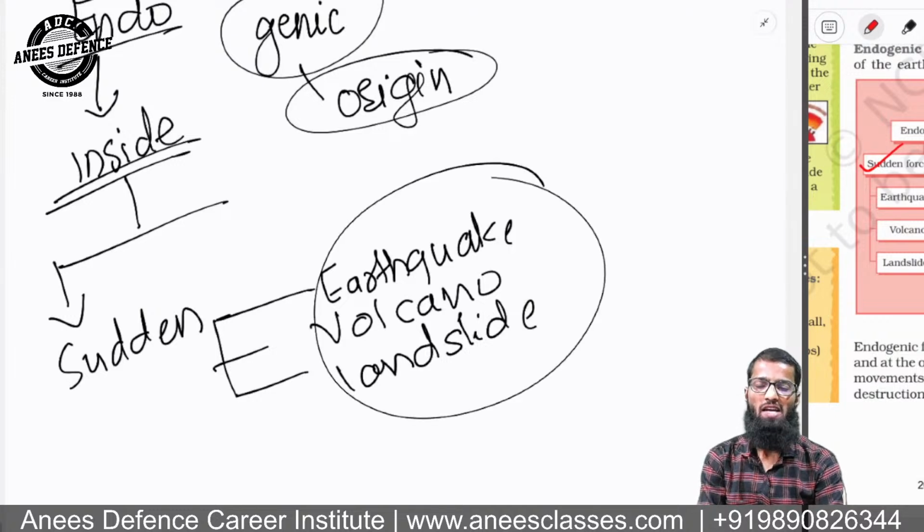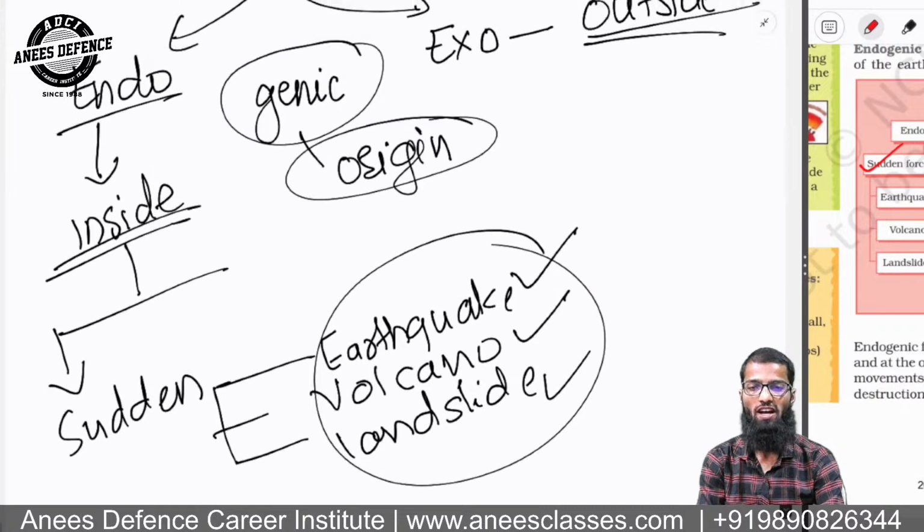These three examples are of the sudden earth movement or sudden forces which happen inside the earth, so they are called endogenic forces. Something which happens inside the earth is called endogenic. Earthquake is inside the earth. Yes, volcano erupts from inside the earth, and you have landslides. The forces are generated inside the earth, so definitely these three types are endogenic.